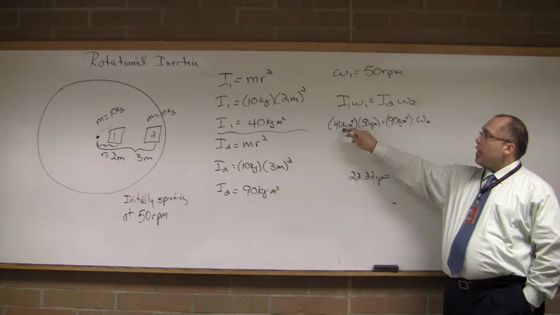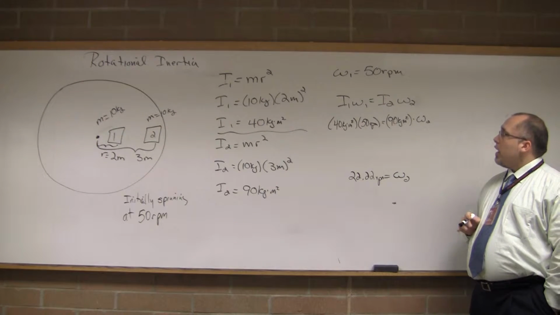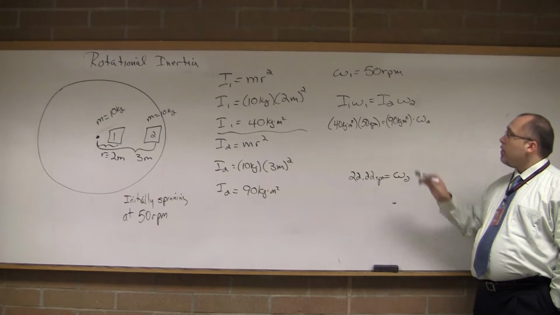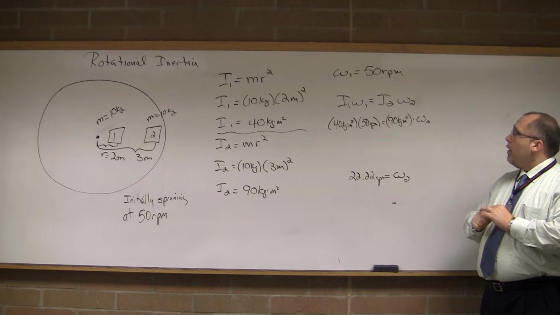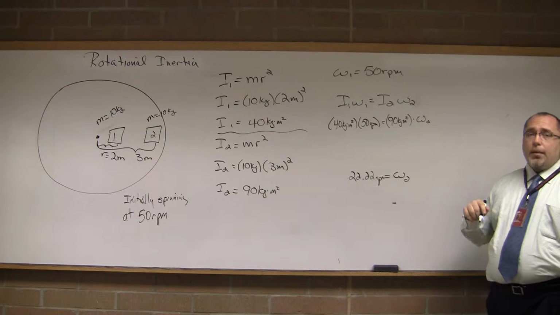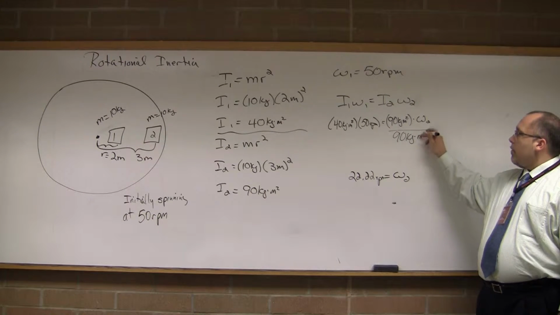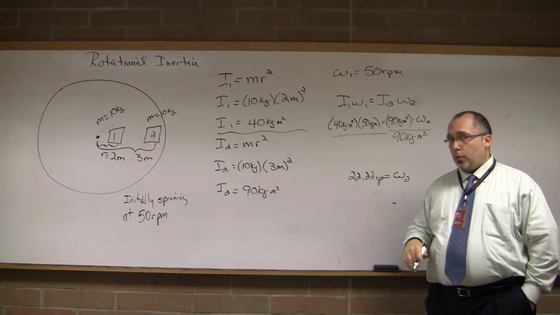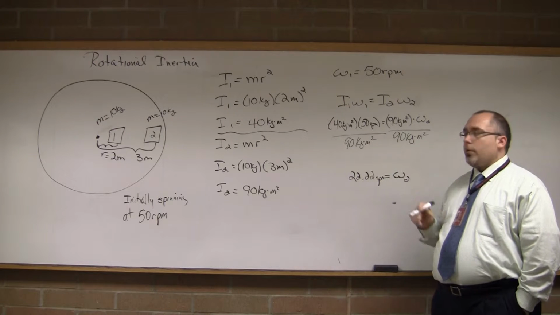So I1, which is 40 kilograms meter squared, times omega 1, which is your 50 RPM, is equal to I2, which is 90 kilograms meter squared, times omega 2. So in this case, we're solving for omega 2. To get omega 2 by itself, it's being multiplied by that 90 kilograms meter squared, so we divide by 90 kilograms meter squared. What you do to one side of the equation, you must do to the other.